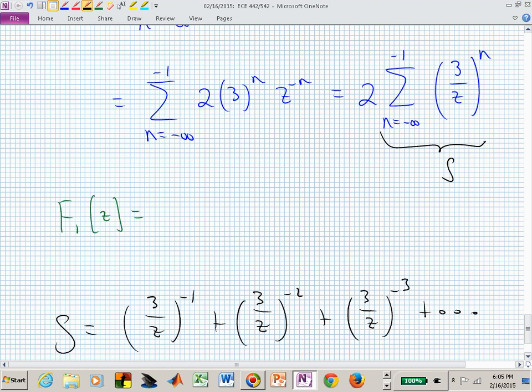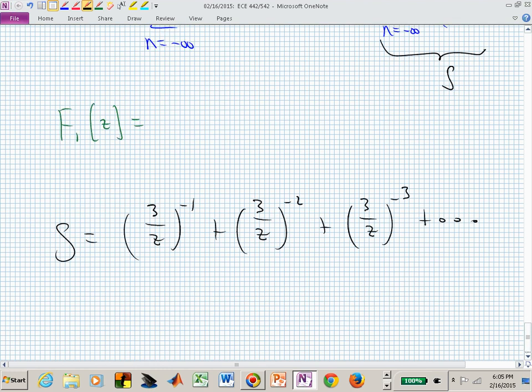And now we could do our little trick that we've learned how to do. We now know that those individual terms in the summation differ by a factor of 3 over z to the minus 1.